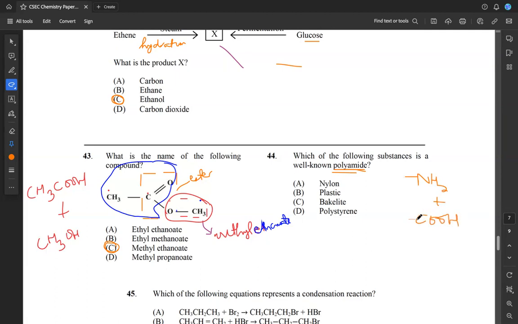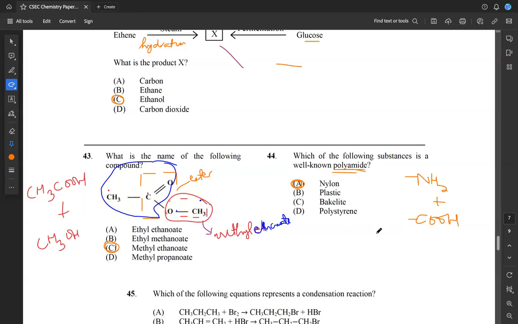So it's a condensation reaction, and when we do that, we're gonna get something like a nylon. Right? So the answer for 44 is A. Plastics are not polyamides. Plastics are what? Polyethenes, right? Or polyalkenes are what plastics are made of. Bakelite is not it, and polystyrene is not it, right? It's actually nylon that's our polyamide, right?